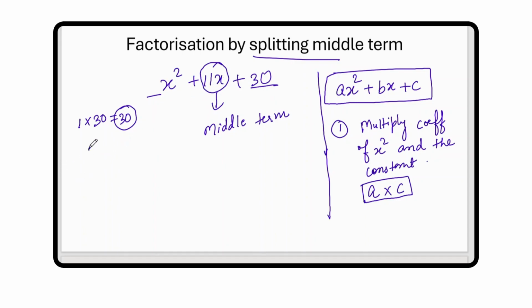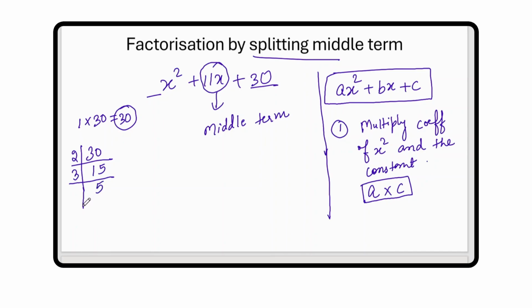See, 30 can be prime factorized. If I divide it by 2, it is 15. So, I can't find any relation between 2 and 15 that gives us 11. Then again I divide by 3 and then it goes 5 times.